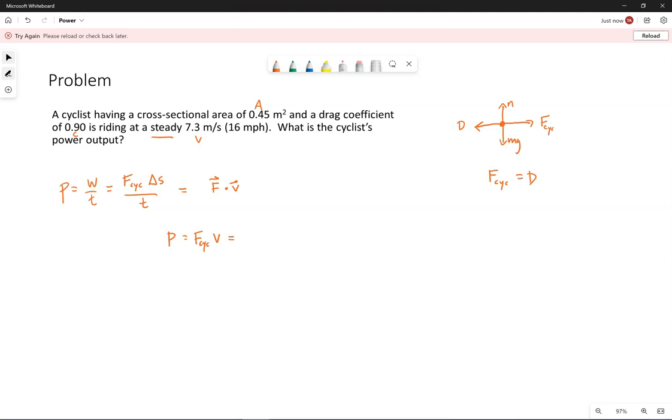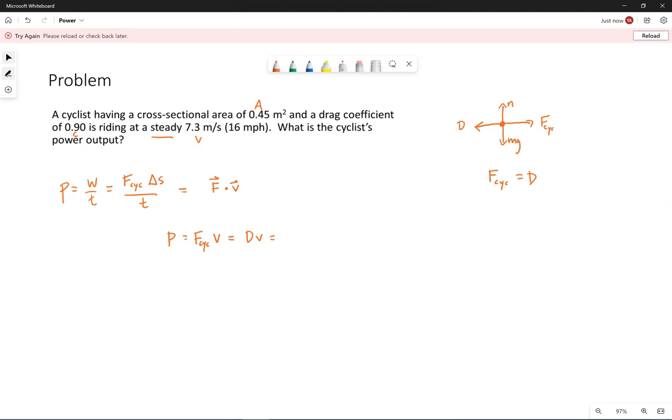All right, so the force the cyclist is applying has to equal drag because they tell us in the problem that this cyclist is riding at a steady speed.